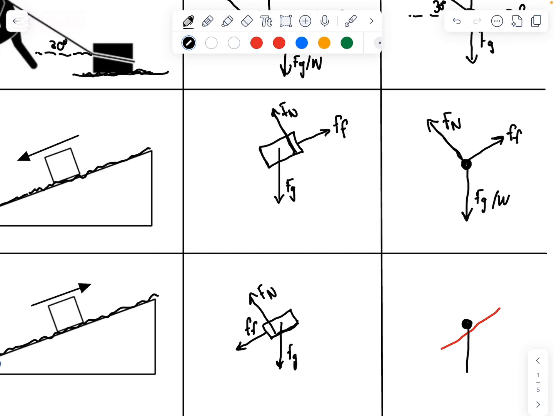And then I'll have weight, which is acting downwards. And then I'll have my normal force, which is acting perpendicular to the surface. And then lastly, I will have my frictional force, which is acting in the opposite direction of the motion. Then erase the surface.